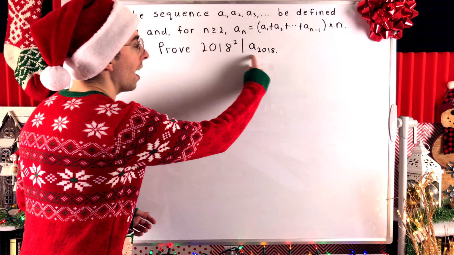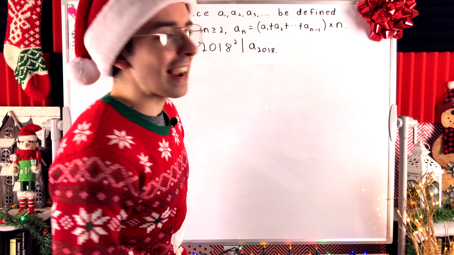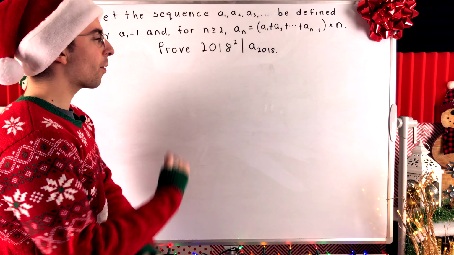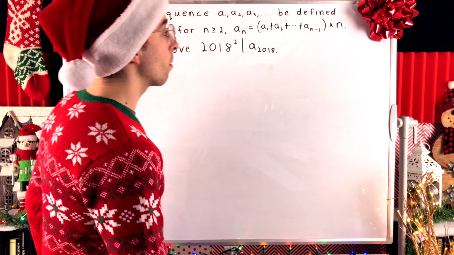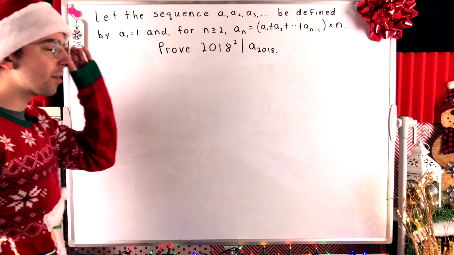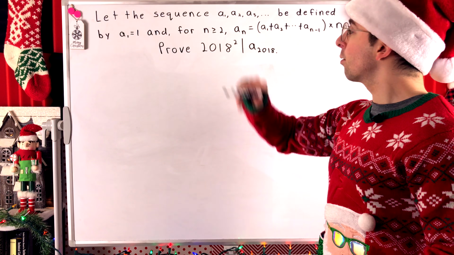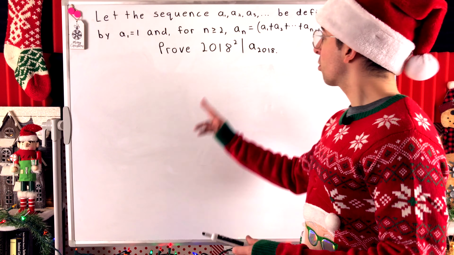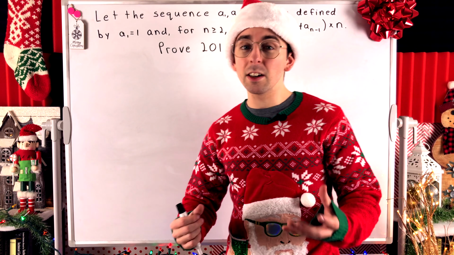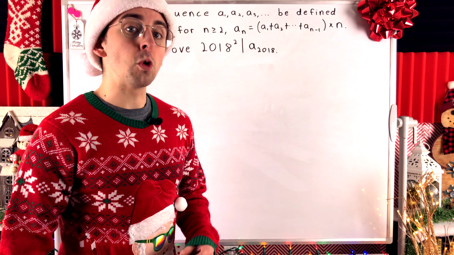So we want to prove a2018 has at least two factors of 2018 in it. Now, as you might suspect, based on my experience with these math competition problems, when they try to be cute and introduce the year of the competition into the problem, there's not really anything special about that specific number. And in fact, there's a more general property that we're really trying to weed out.